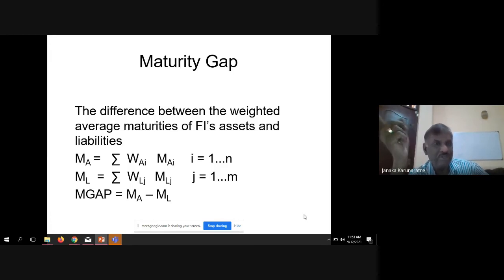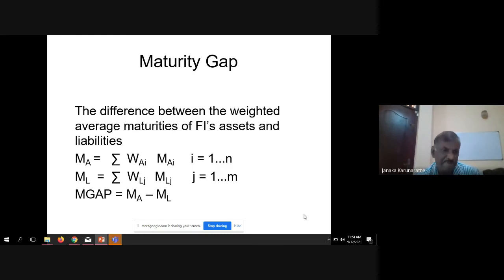Now earlier we computed repricing gap, but here it is M gap, maturity gap. So maturity gap is a number which tells about the risk level. As per this theory, in order to minimize interest rate risk, if you can manage the gap much closer to zero, in other words, at almost equal levels, then you are comfortable with managing interest rate risk.